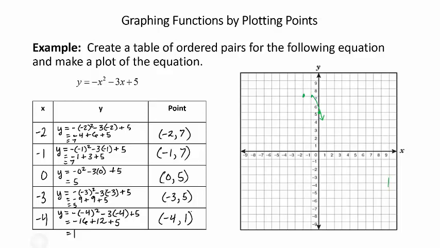Okay, so let's continue to plot these. Negative 3, 5. We have its companion point already in the y-intercept. And then negative 4, 1. Okay, so now I know halfway between negative 2 and negative 1, this has some sort of a maximum, right?